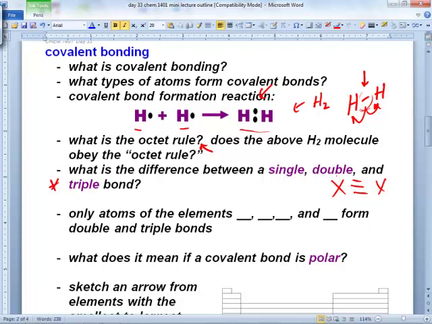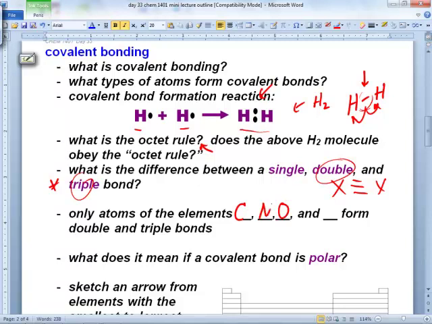Now, it doesn't always work, but pretty much 90-some% of the time, Paul, there's only 4 elements that form these multiple bonds, double and triple bonds. What's one of them? Oxygen's one. I'm going to put it right there. What's another one? Anybody know? Carbon's another one. 2 more.